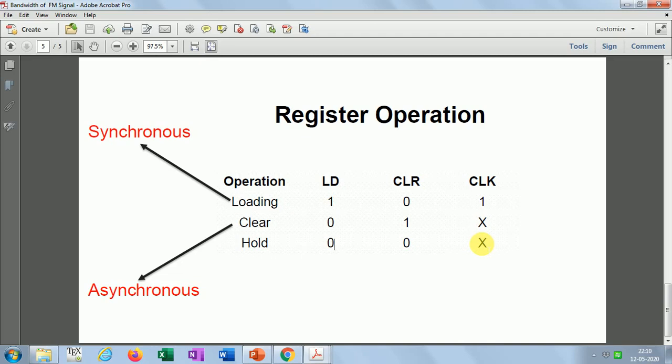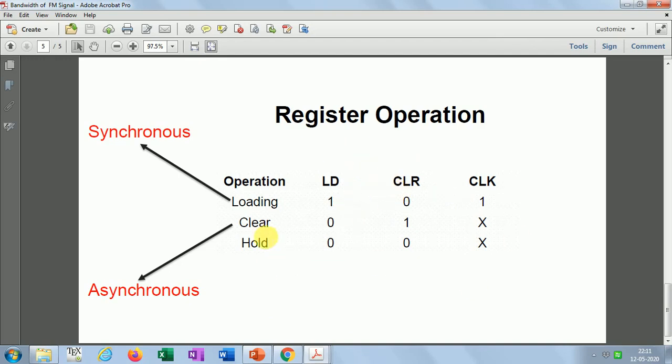Okay, so you can see that the loading is basically dependent on the clock edge. If the load input is 1, then at the next positive edge, the data will be stored.